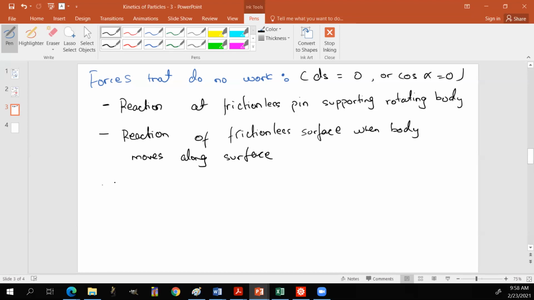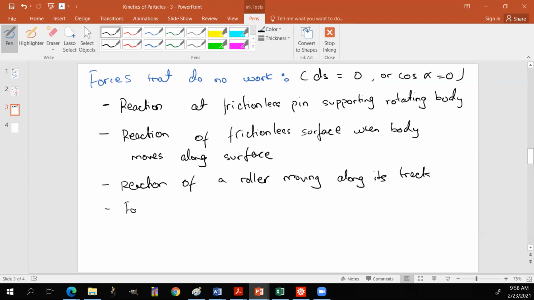Then you have the reaction of a roller moving along its track. These are just some examples; there are obviously more, but these are some things you might more commonly see.